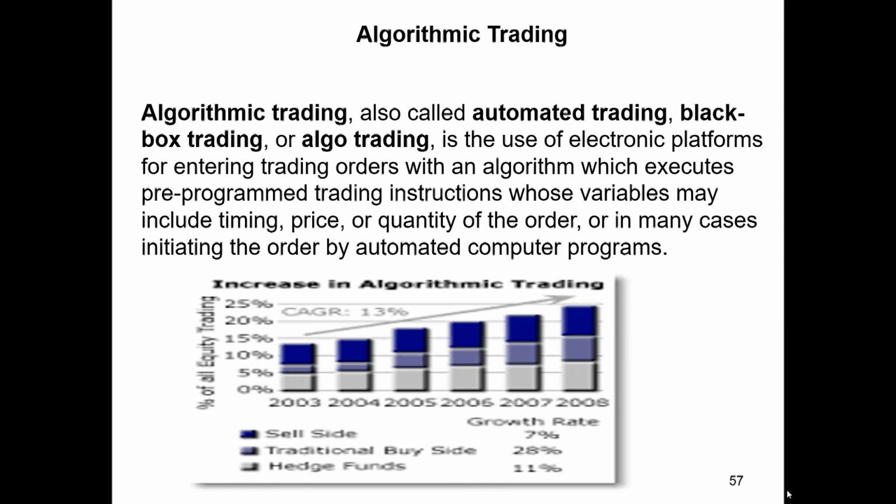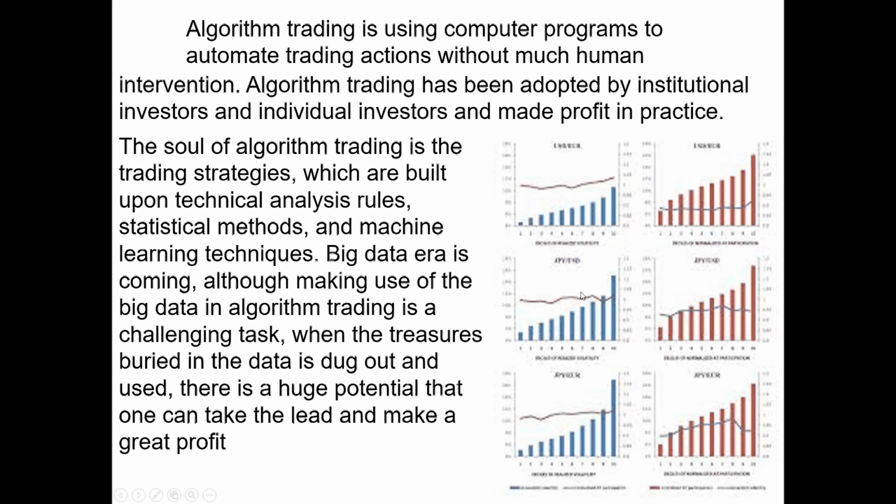In the slide below, you can see a graph where there is an increase in algorithmic trading from 2003 to 2008, and now in 2019 it has grown exponentially by around 45%. Algorithmic trading is nothing but using a computer program to do automated trading actions. For example, let's take a share. You have purchased the share of a particular company at 300 rupees.